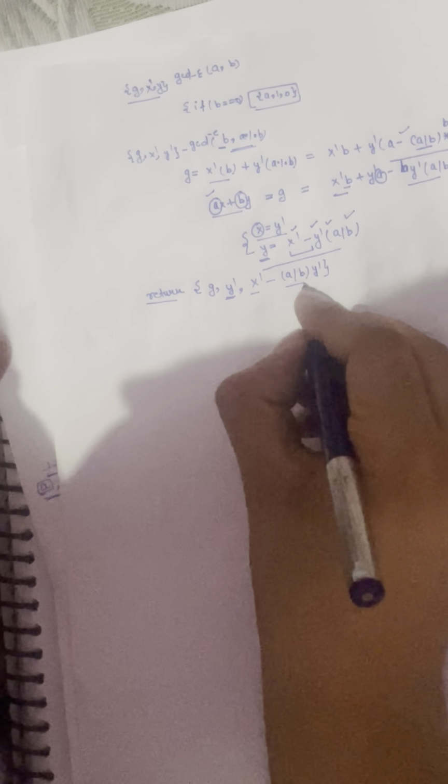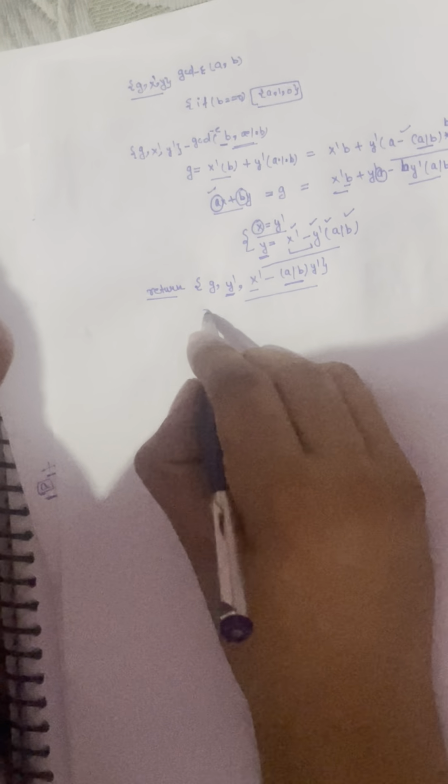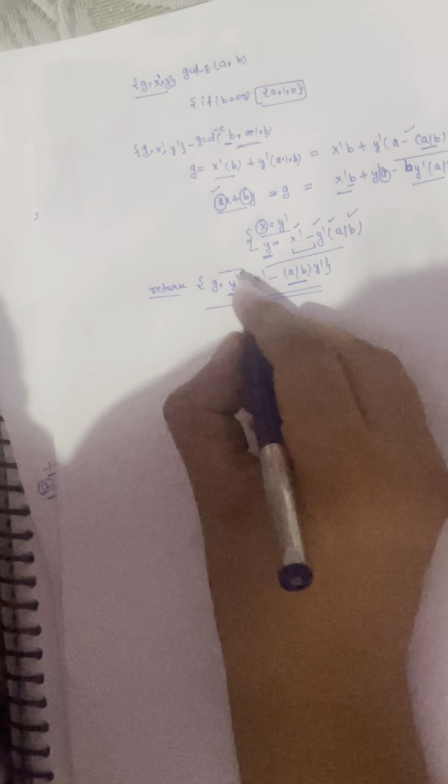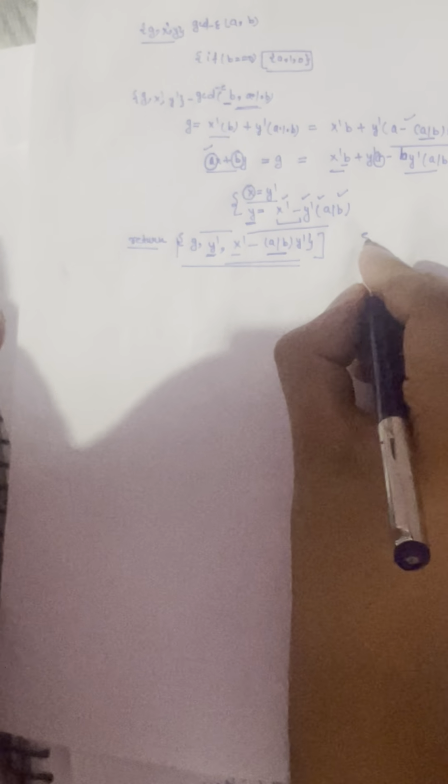X is y dash, which we got from that recursive call, and y is x dash minus a by b times y dash, with x dash and y dash again from the recursive call. A and b we already have the values of, and by plugging these in we would be able to generate the entire tuple and return it. So this is the entire Euclid's division lemma, the extended version of it.